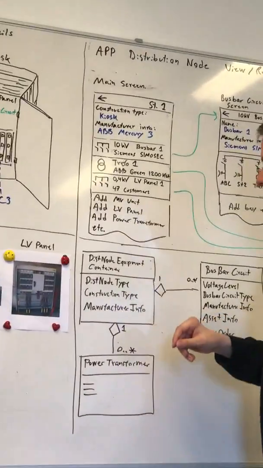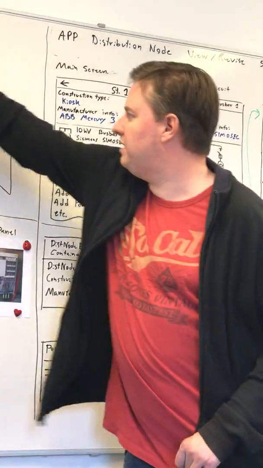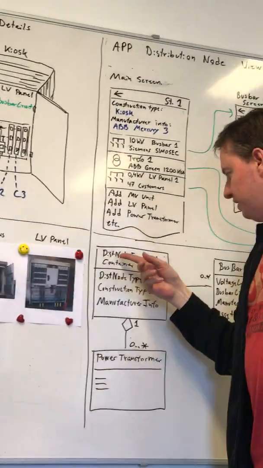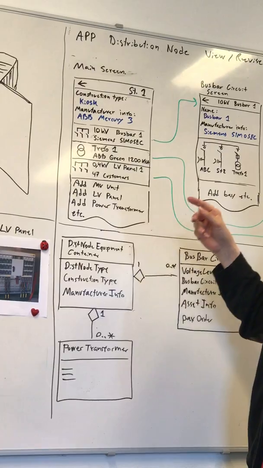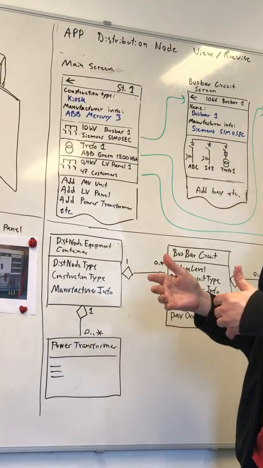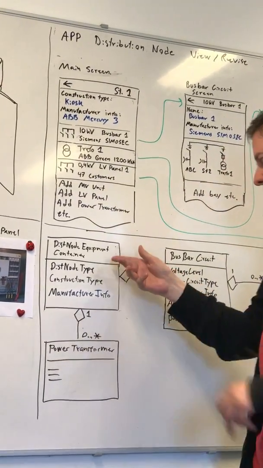So if you go to the data model, it works like this: the whole box here is what I call the distribution node equipment container. So this is the class that can hold, it can be a substation, it can be a cable box, and there are also some other types.